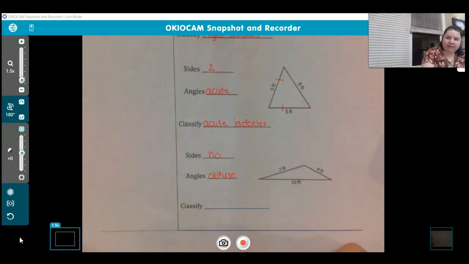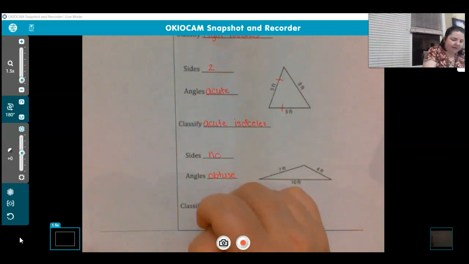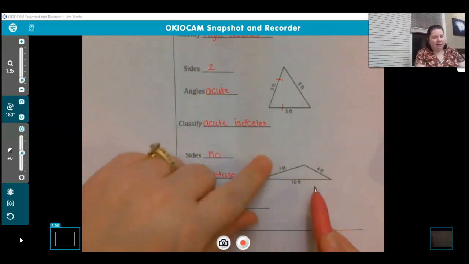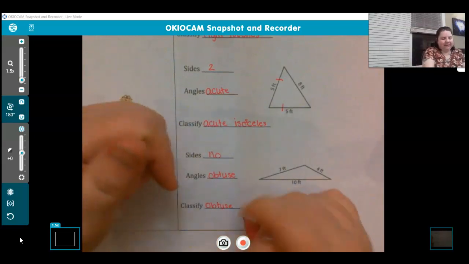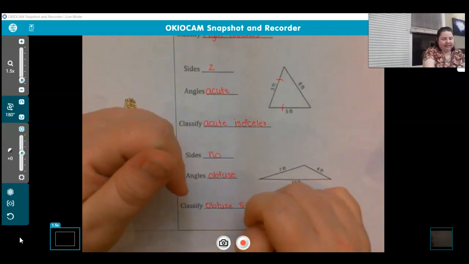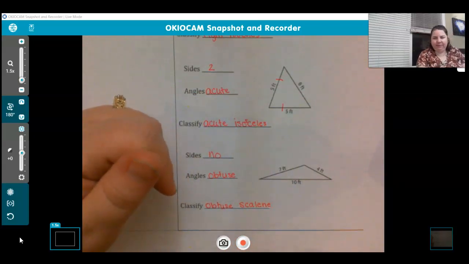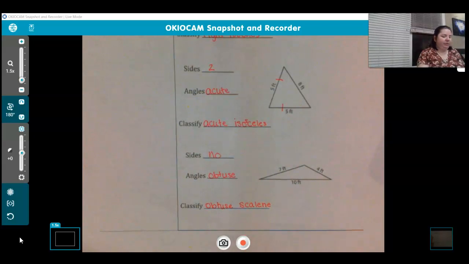And so I have an obtuse, because my first part is always going to be the name of my angle. And then if I have no congruent sides, that makes this a scalene triangle. So I have an obtuse scalene triangle.